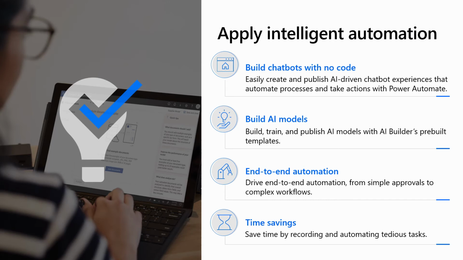By applying the automation, you can easily create and publish AI-driven chatbot experiences that automate processes and take actions with Power Automate. You can build, train, and publish AI models with the AI Builder's pre-built templates. You can drive end-to-end automation from simple approvals to complex workflows. And you can save time by recording and automating those tedious tasks.